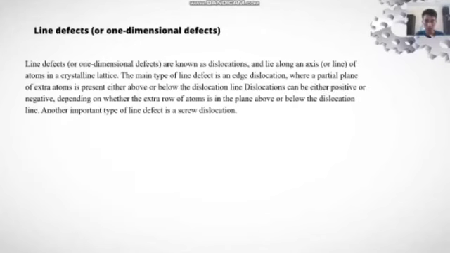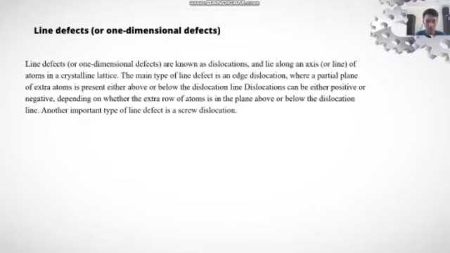Line defects are known as dislocations and lie along an axis or line of atoms in a crystalline lattice. The main type of line defect is an edge dislocation, where a partial plane of extra atoms is present either above or below the dislocation line.